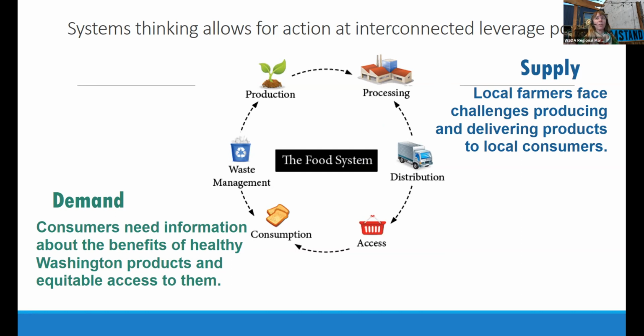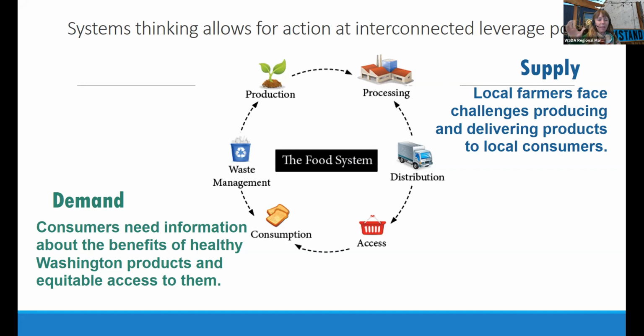And so to understand that, for example, on the demand side, if we are interested in how consumers, or just households and individuals, are able to access healthy and affordable food, say from Washington farmers, we also want to understand how farmers in Washington state are challenged or supported in getting those healthy products to local consumers.